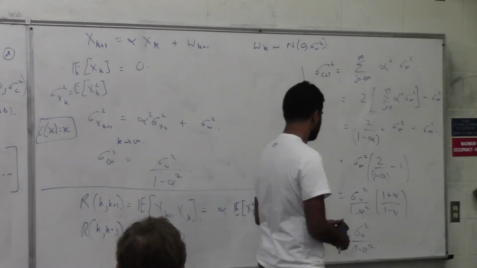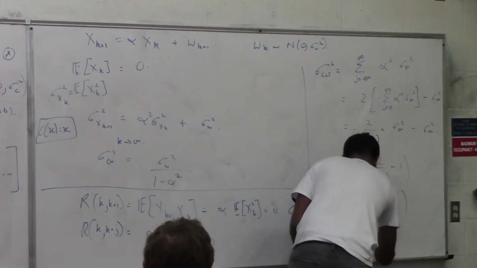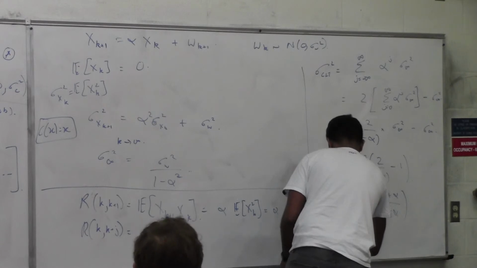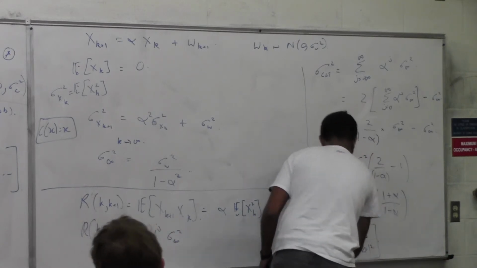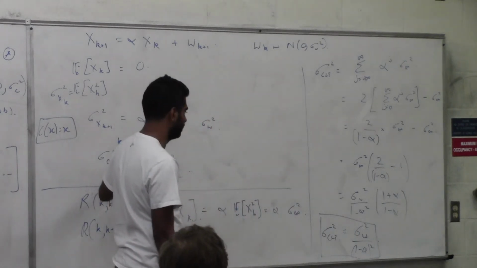I might be making mistakes. Okay, so this is the asymptotic variance formula. Okay, and this is the variance of this limiting random variable.